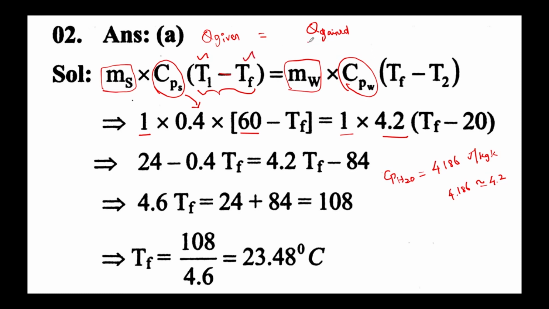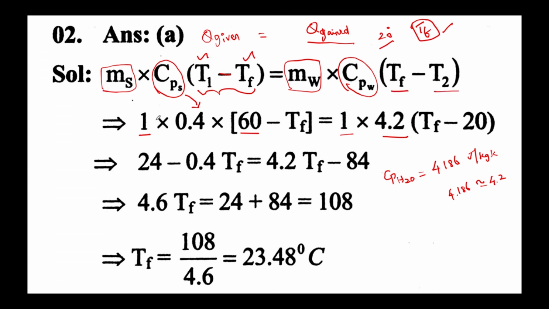Similarly, for the heat gained by the water, initially the water was at 20 degrees, but after receiving the heat from the steel ball, its temperature would have increased, right? So the final temperature we keep as the same TF, because both steel ball and water reach thermal equilibrium. So it would be higher temperature minus lower temperature. For the water case, it would be TF minus T2.